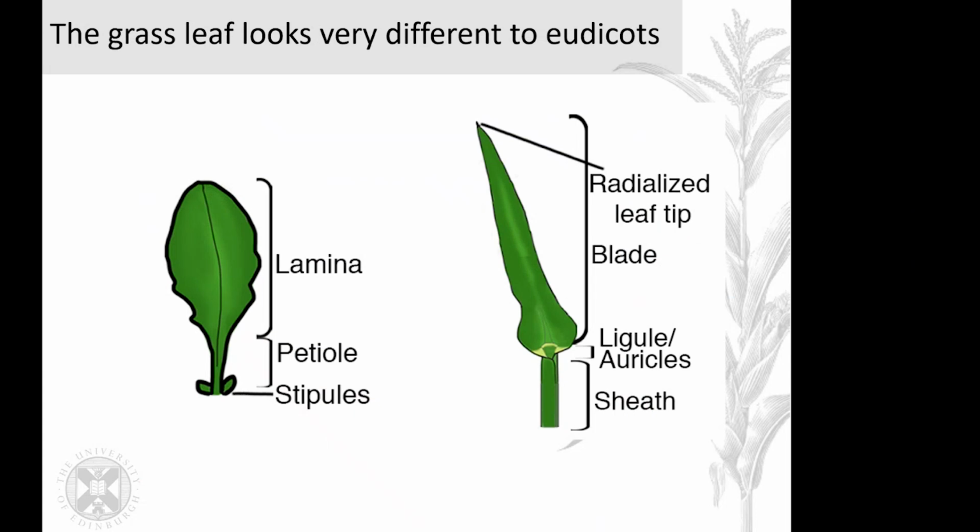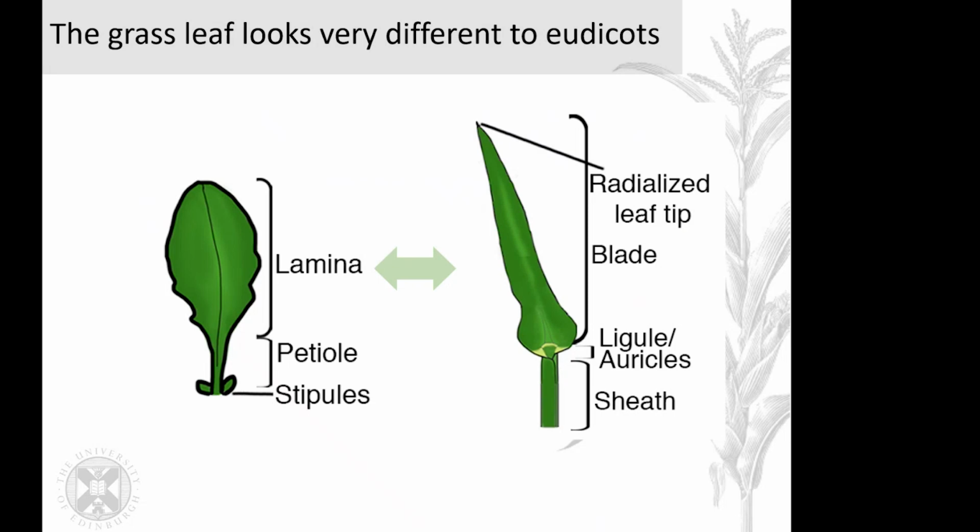So the most common leaf structure, if I asked you to draw a leaf, you would probably draw this: the petiole base, which is a narrow kind of stem-like structure, and then a wide, roundish lamina, and sometimes there are these little leaf outgrowths at the base called stipules, and this is typical of a eudicot leaf. But the grass leaf looks very, very different, and we do not know how they relate to each other. There have been lots of theories, but we actually have no idea.